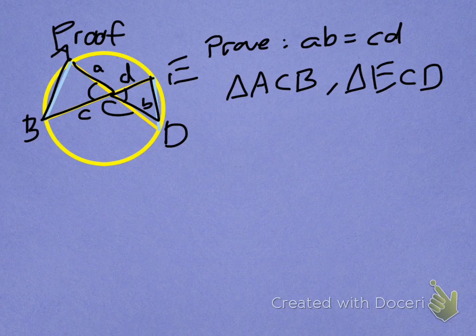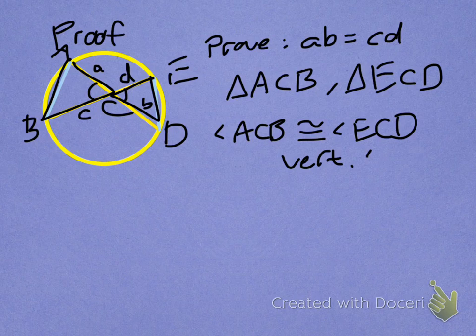Let me just write that first. So angle ACB is congruent to angle ECD by vertical angles, right? We also know, now we're going to use some of our arc knowledge here.